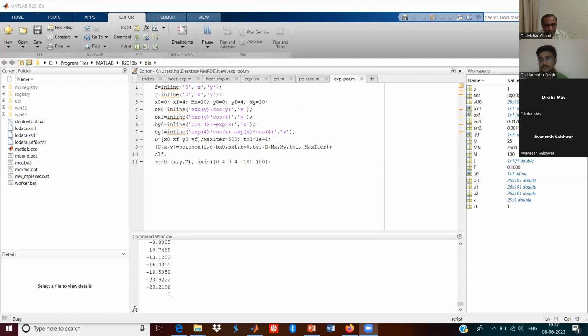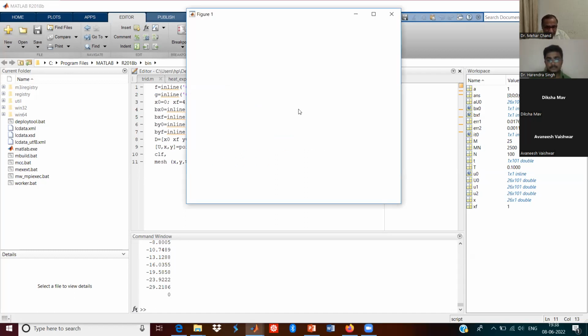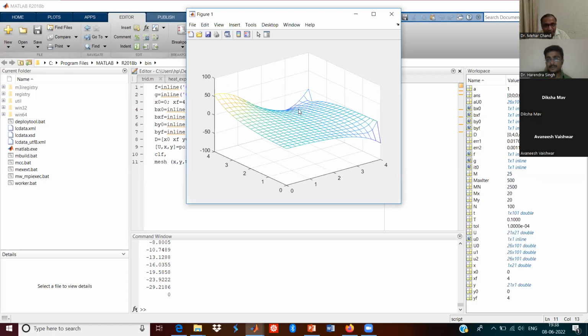Then it will return the solution and take less time. So it depends upon our system also, while using MATLAB, because MATLAB itself is very heavy software.